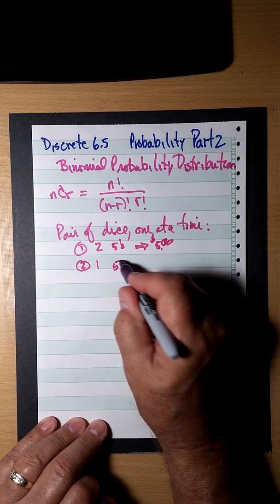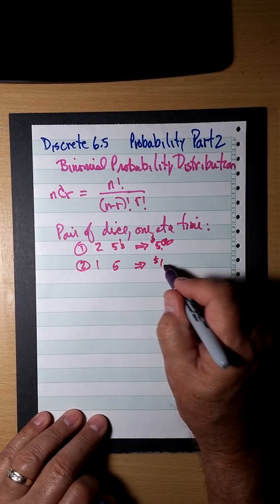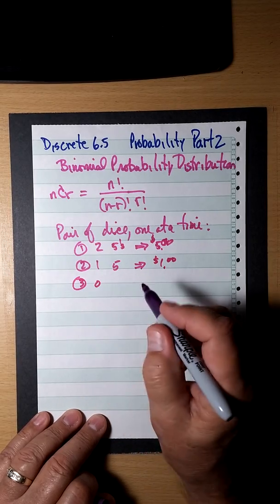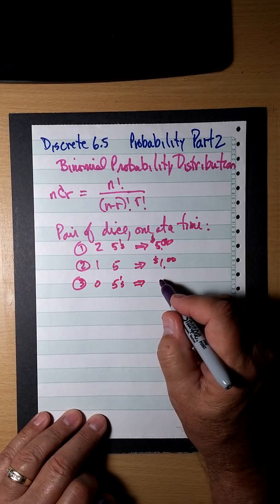If you get 1 5, you get $1. And if you get 0 5s, you have to pay $1.